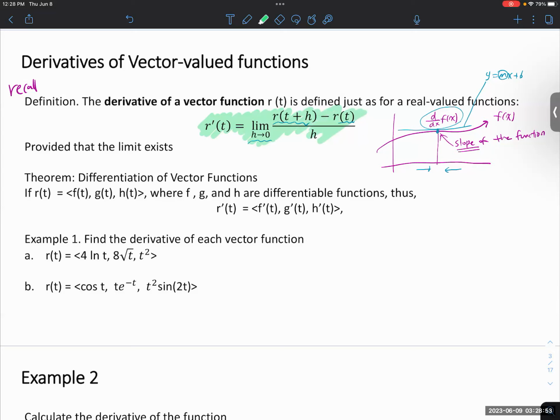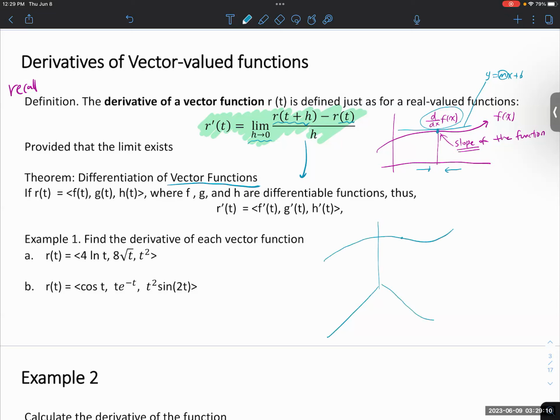So what happens is we're going to use this identical definition of the derivative on the vector valued function. Okay, so we have the xyz axes.